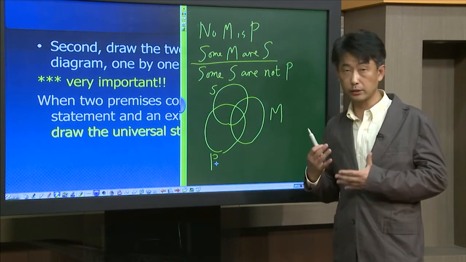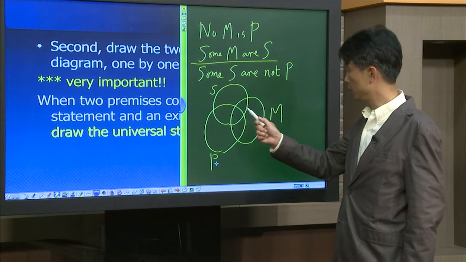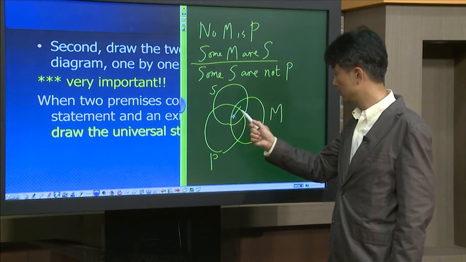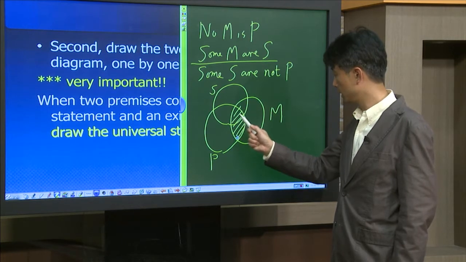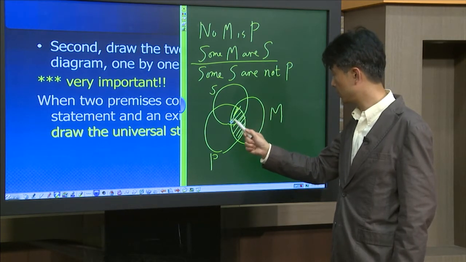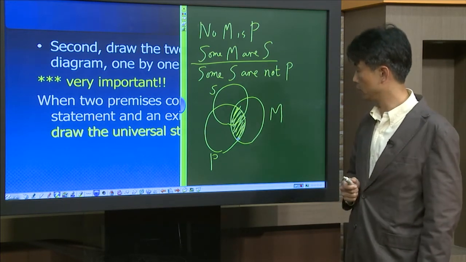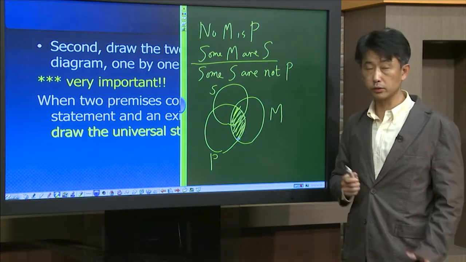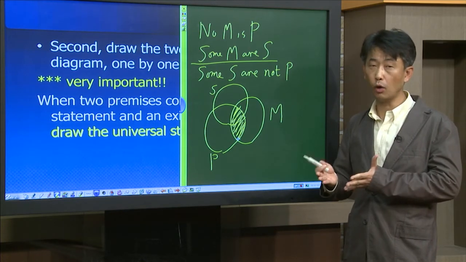Last week we already learned how to do that. We shade the area in between. This area is eliminated. No M is P. There is no overlap between M and P. So we eliminate the overlapping area.